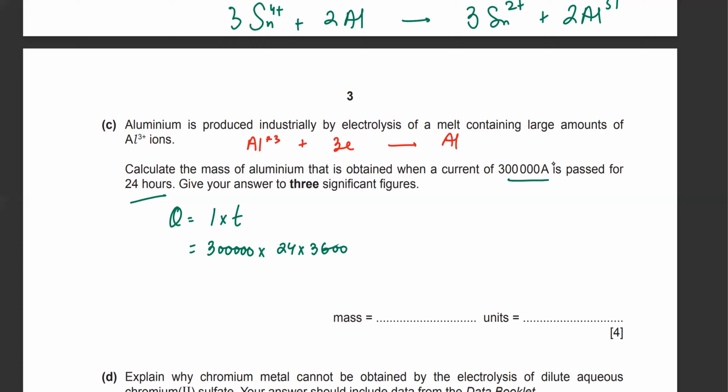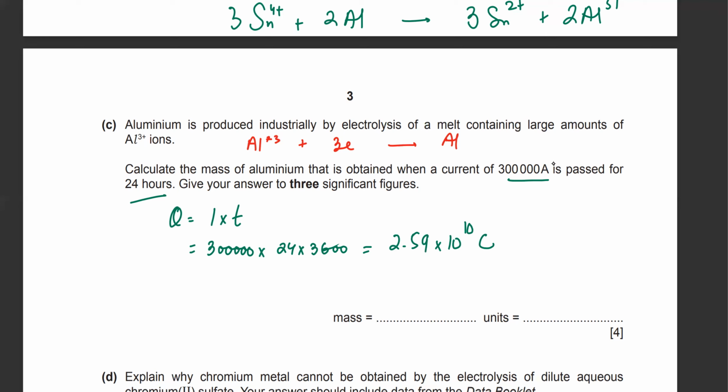So what's the charge that we're getting? 2.592 times 10 power 10 coulombs.